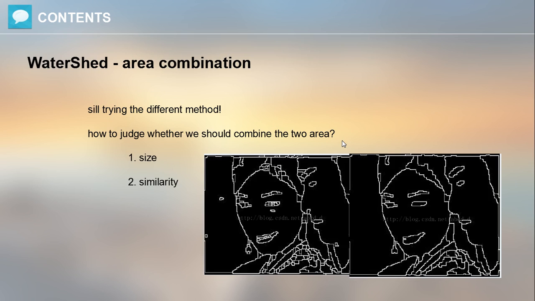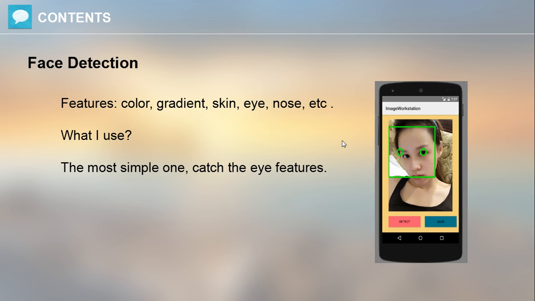So if you are interested, you can take a look at my source code and my final report. It includes a lot of details about how I implemented these algorithms, and you will find a lot. And the next part is the face detection.